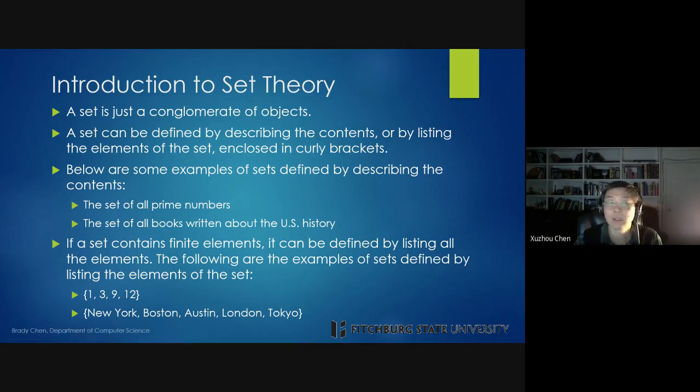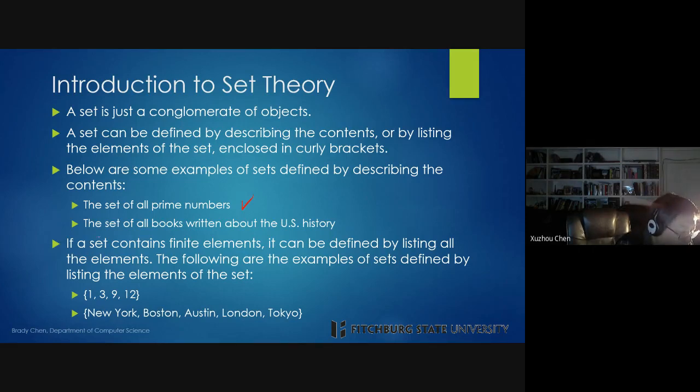We describe the set by its contents. In this case, it's hard to list the elements of the set if we want to define the set of all prime numbers, right? It's kind of tough to list all the elements. So this is just one way.